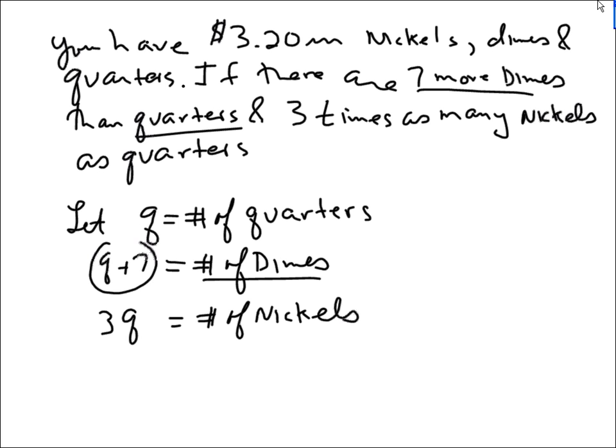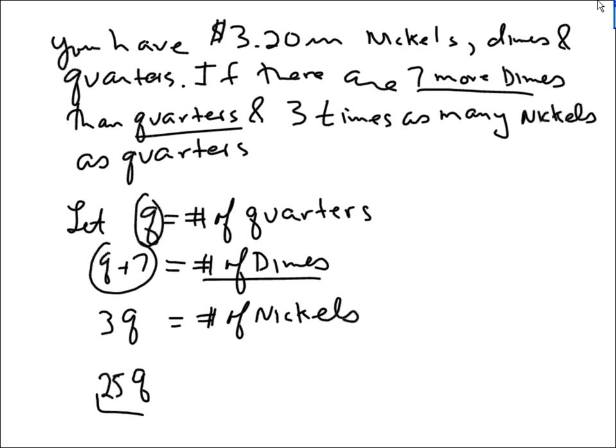How much money do I have in quarters? You take the number of quarters you have, whether it be 3 or 9 or 50, and you multiply it by 25. If you have 3 quarters, 25 times 3 will be 75 cents.